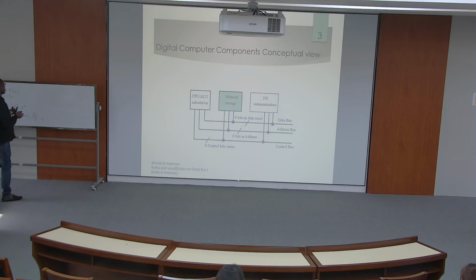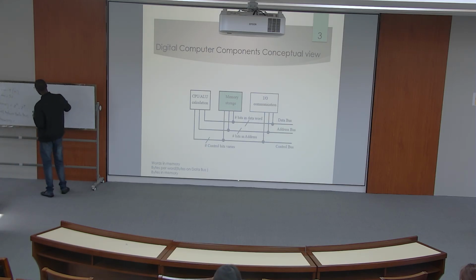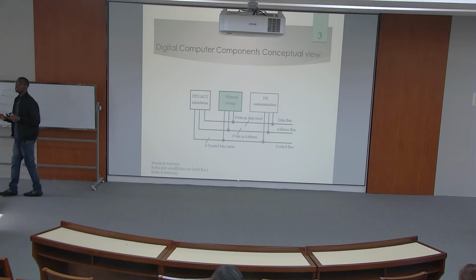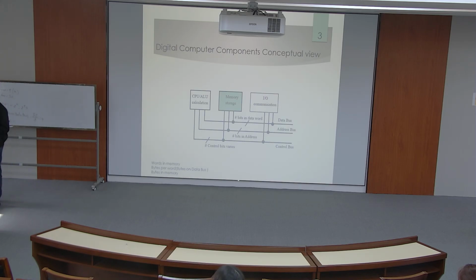Now, let's say we have 2 to the power of 9. How much is it? 256? 2 to the power of 9 is 512, right?